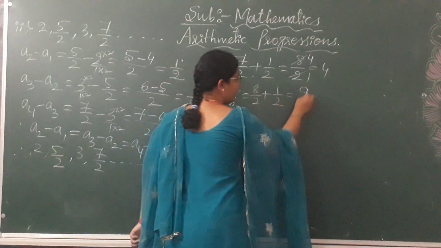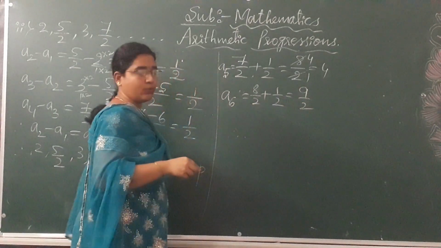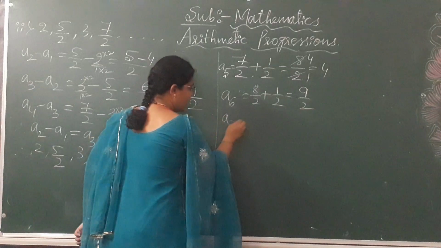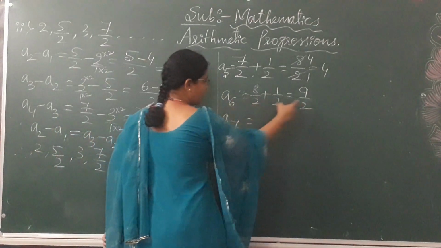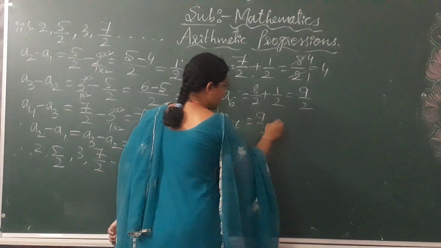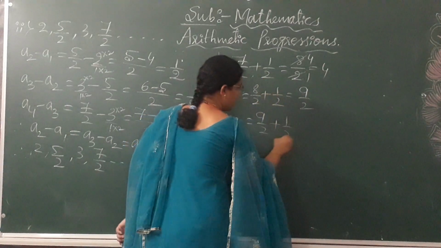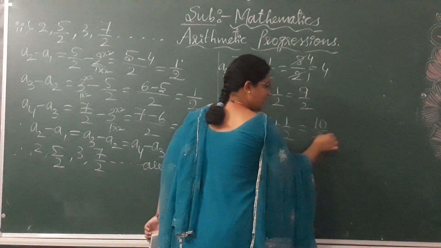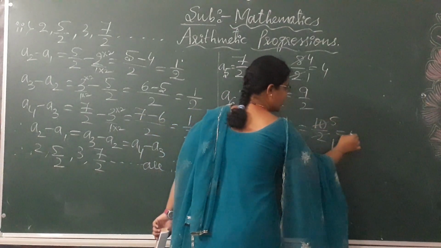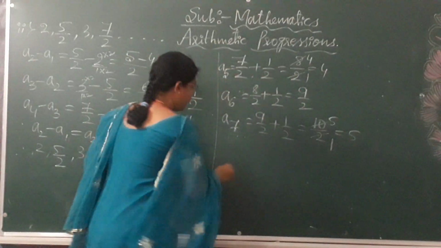Add these two, we will get 9 by 2. That is the sixth term. Next, like this only, find the seventh term. To this sixth term, add the common difference 1 by 2, is equal to 10 by 2. Cancel it, 2 1s are 2, 5s are equal to 5.